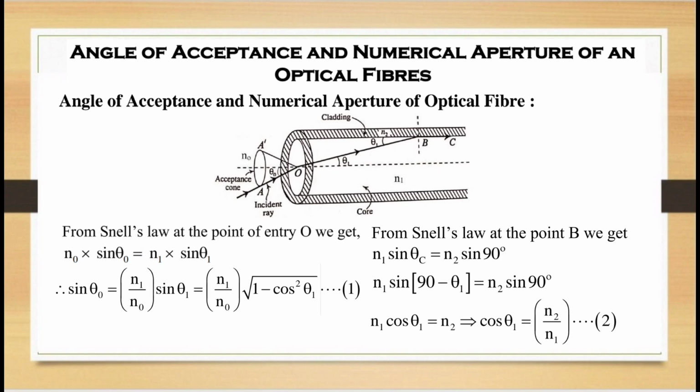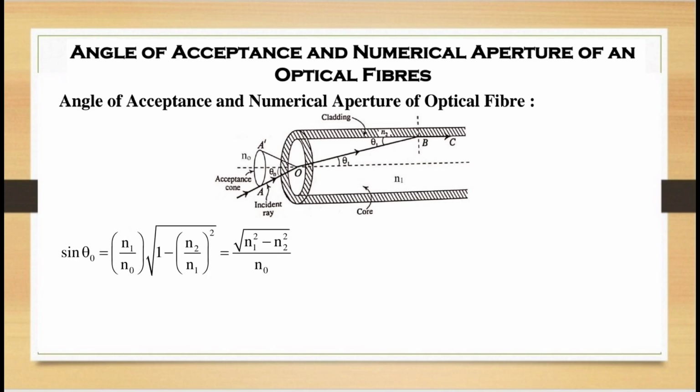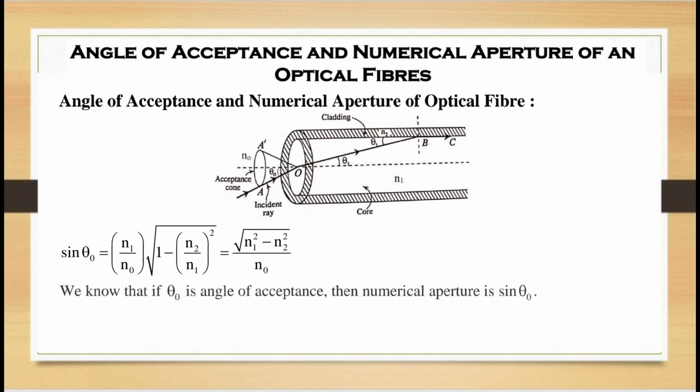Now substitute equation 2 in equation 1. Then we get sin θ0 equals n1 by n0 into square root of 1 minus cos square θ1, that is, n2 by n1 whole square, which equals square root of n1 square minus n2 square whole divided by n0. So we know that if θ0 is the angle of acceptance, then numerical aperture is sin θ0. Therefore numerical aperture NA equals sin θ0, which equals 1 by n0 into square root of n1 square minus n2 square.